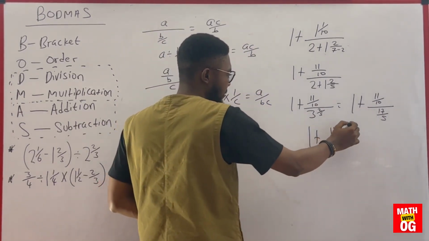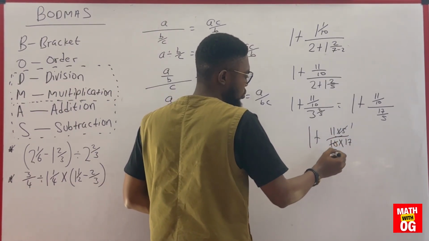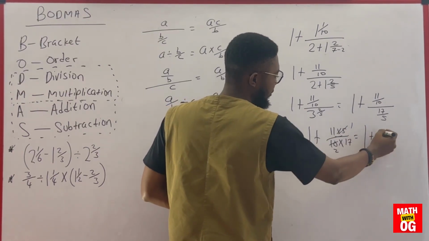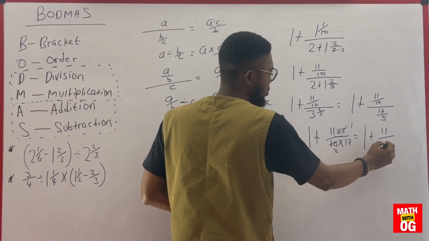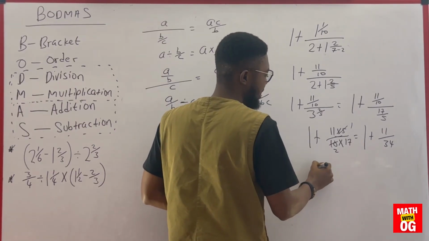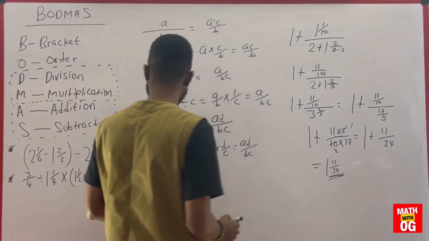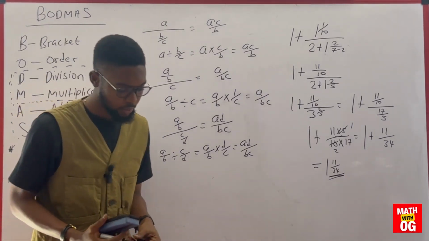So I can boldly say 5 here 1, 5 here 2. So this is equal to 1 whole number plus 11 numerator, denominator 2 times 17 is 34. So that is 1 whole number 11/34. So that's the answer to the last question.